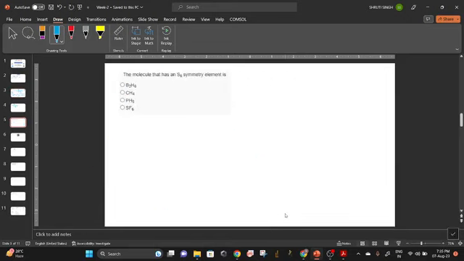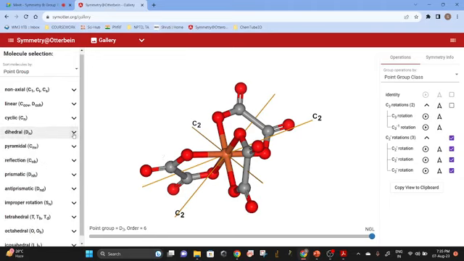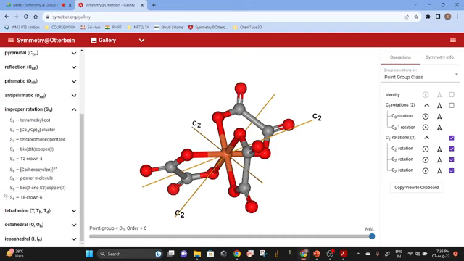The molecule that has an S6 symmetry element. Now we have to find S6. Now let's see. First I am showing you how an S6 looks like. Easier one.